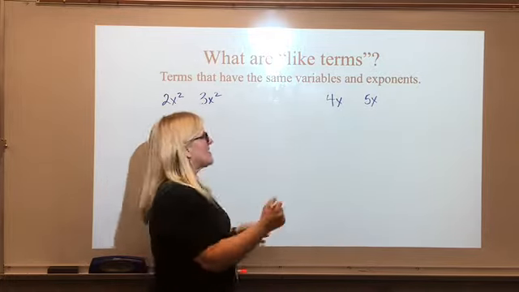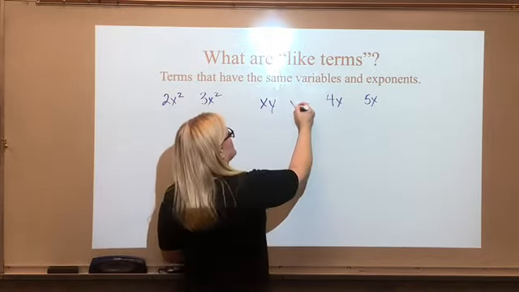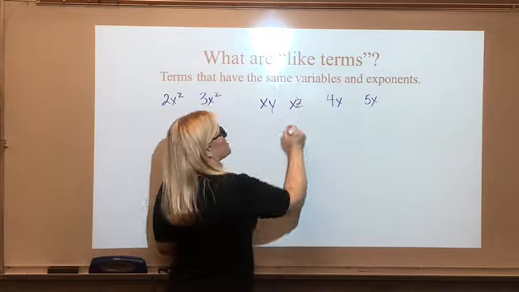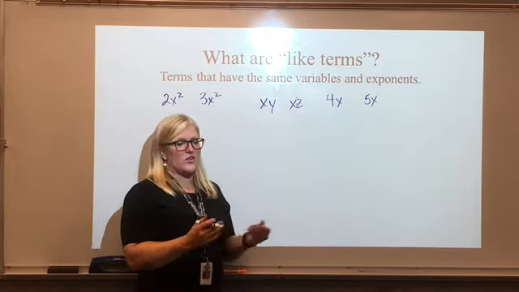What's not like is if you had xy, or xz, or even x squared z. These are not alike because of their variables. So these are like terms.